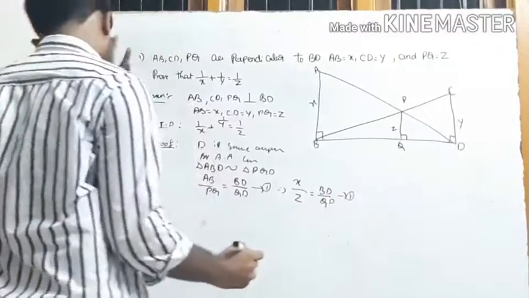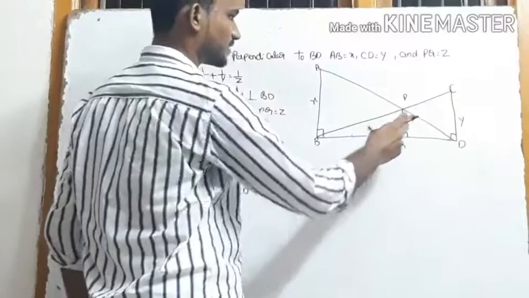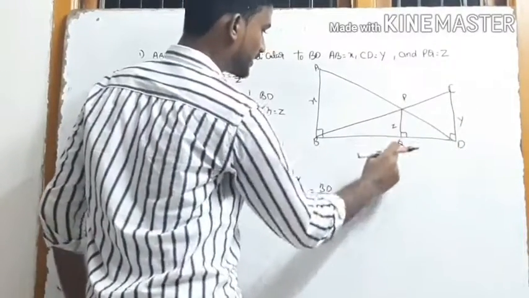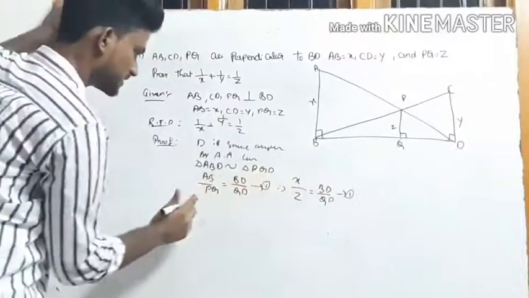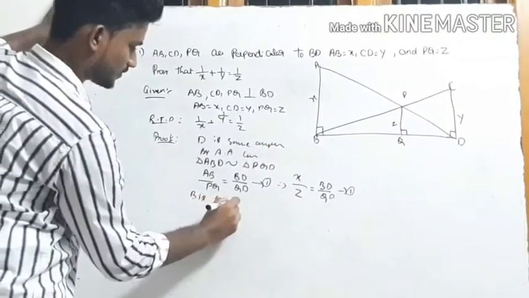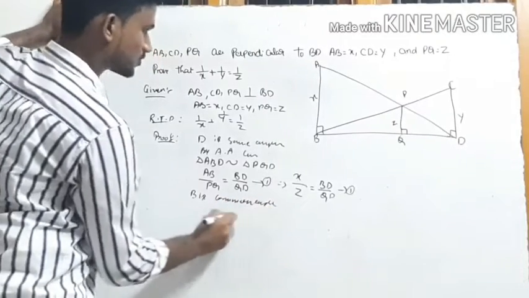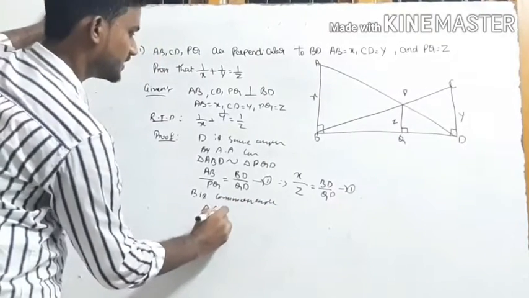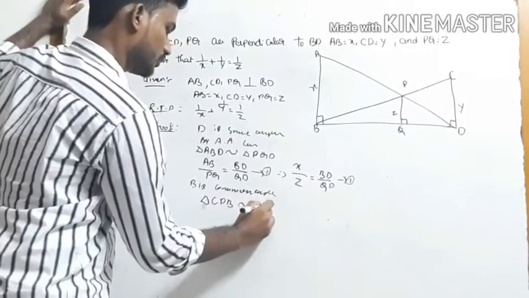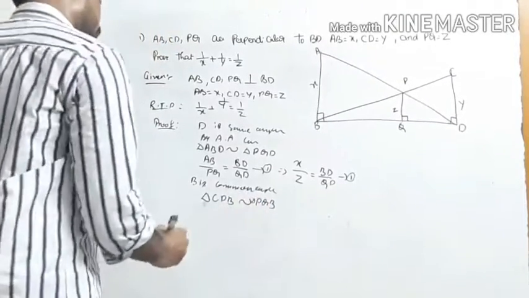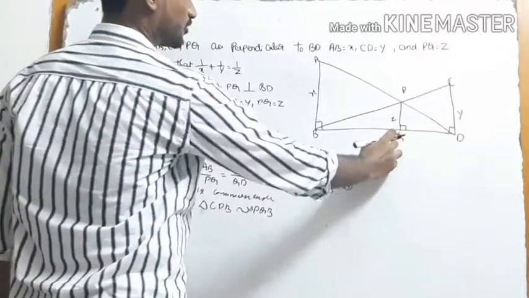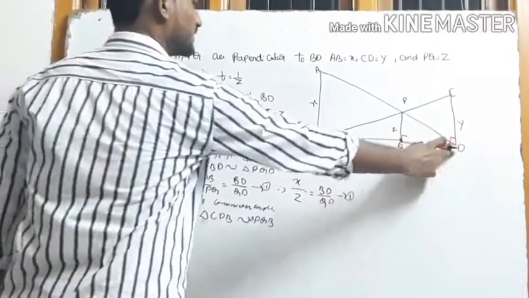Next we take triangles CDB and PQB, having B as the common angle. B is the common angle, and Q is 90 degrees and D is 90 degrees.